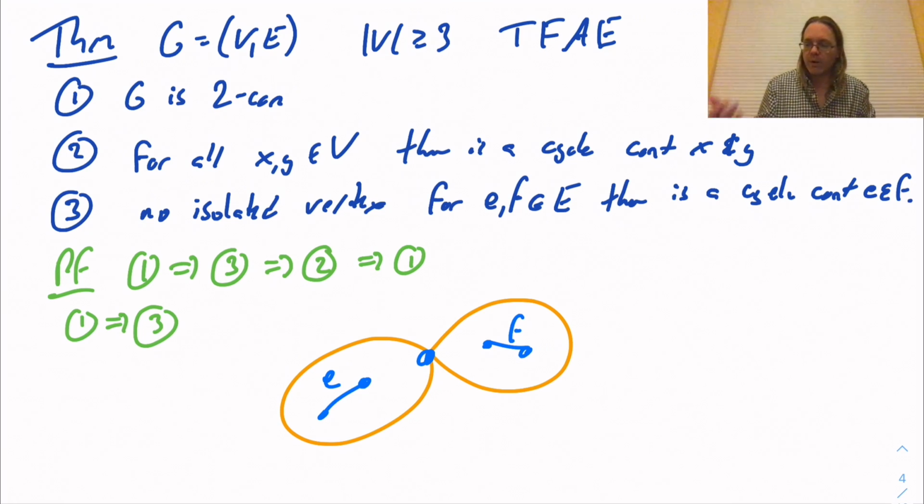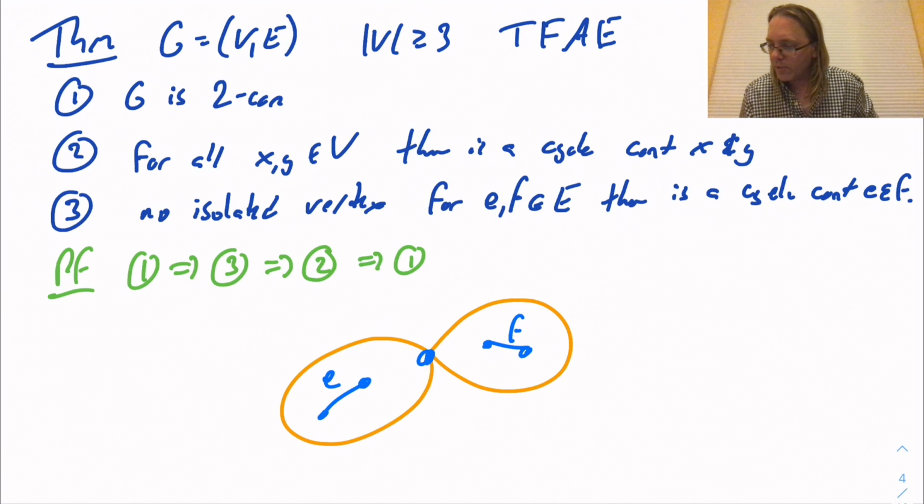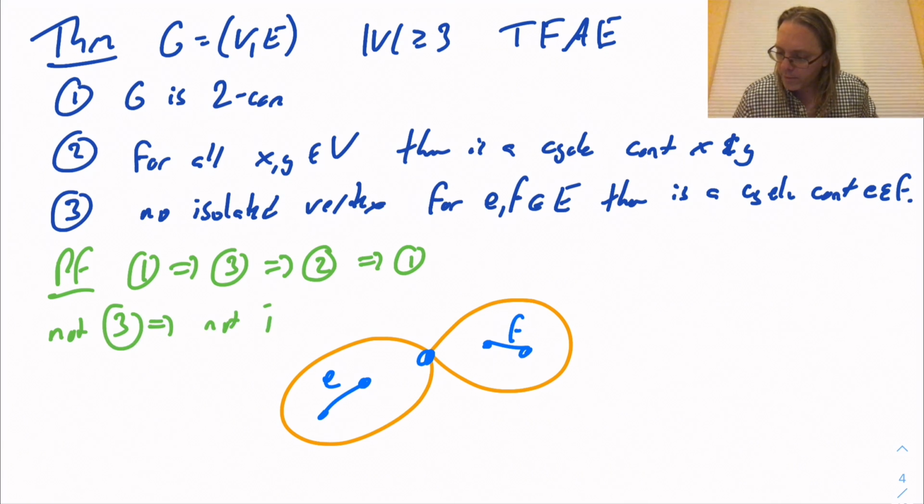So in other words, what we've shown here is not 3 implies not 1. I guess maybe I should have even written that. What we really did here is show that not 3 implies not 1. And that does the first implication, right? Saying 1 implies 3 is exactly equivalent to saying not 3 implies not 1.